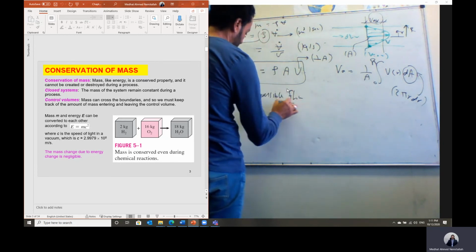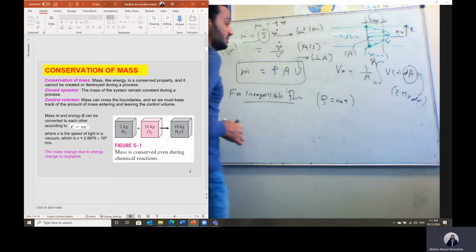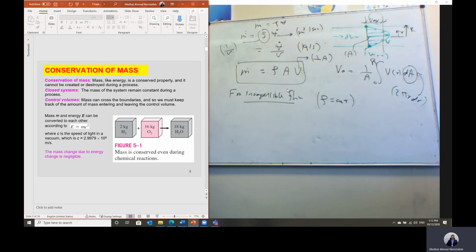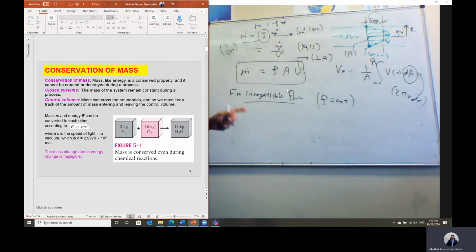In case of incompressible flow, the density should be unchanged or constant. We said incompressible substance like solid or liquid, but here we are talking about flow, so we don't have flow of solid. So we are talking about liquids in this case.